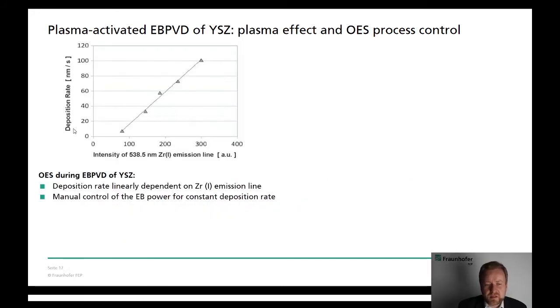As already said, the deposition rate could be shown to be linearly correlated with the intensity of the optical emission from the plasma. The plasma emits light, and this is characteristic for the materials and the process itself, and can be used for process control. Due to this linear behavior, it's possible to adjust the deposition rate to have reproducible conditions in every coating run.